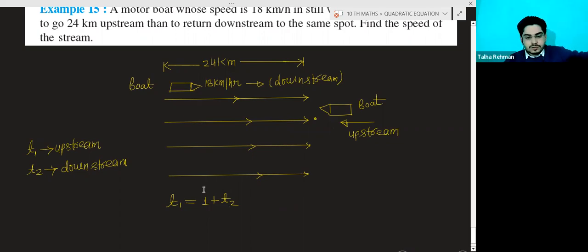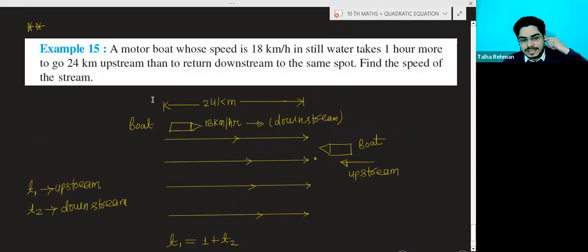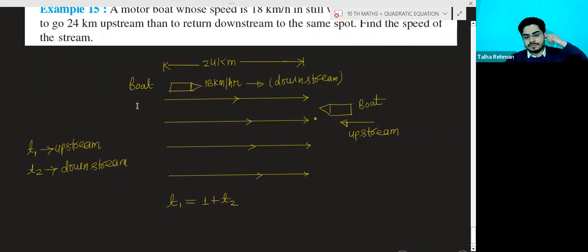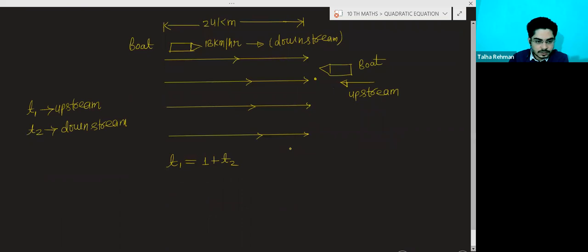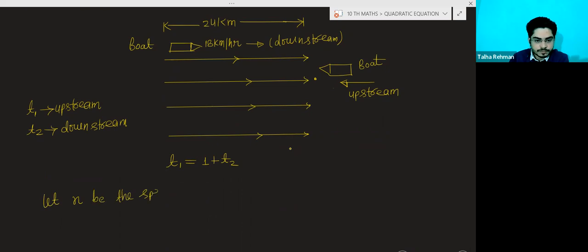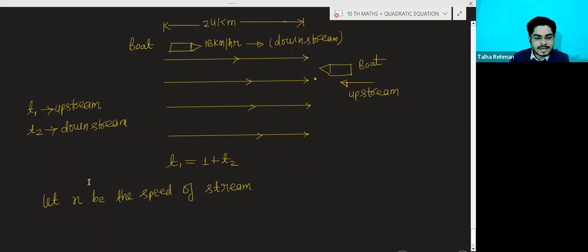So what they are asking is to find the speed of the stream. Suppose let x kilometer per hour be the speed of the stream.